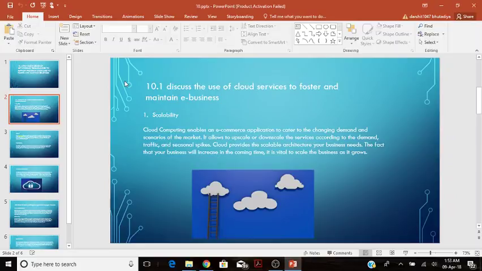Cloud provides a scalable architecture for your business needs. So if you need more space, you just have to buy another set of space. Your business will increase in coming times, so it's vital to scale the business as it grows.